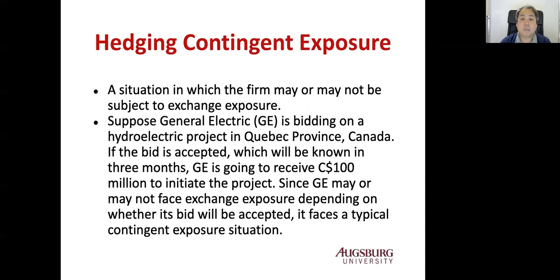They just bid. So if this bid is accepted, then what happens is GE is receiving Canadian dollars, 100 million Canadian dollars to initiate the project. Since GE may or may not face exchange exposure, depending on whether its bid will be accepted or not, it faces a typical contingent exposure situation.